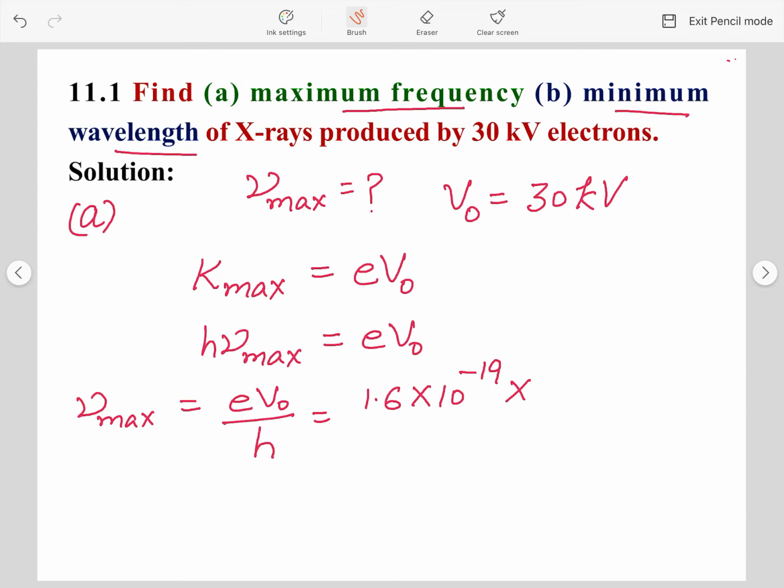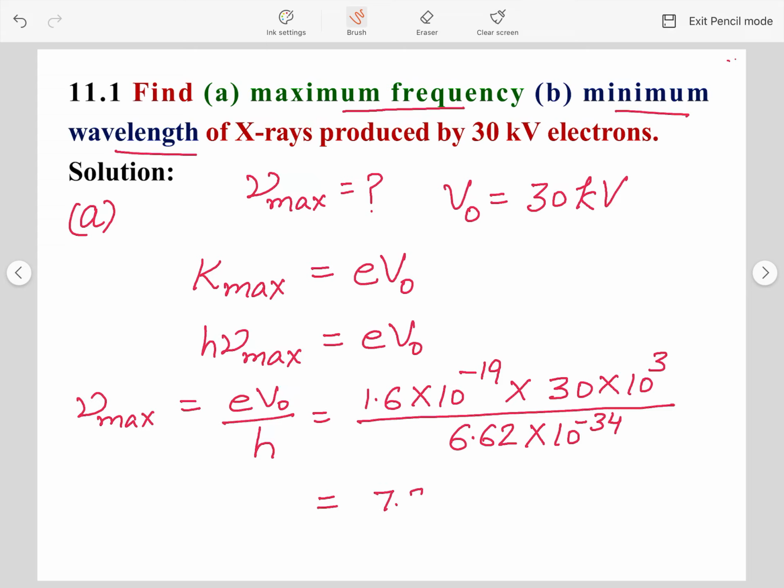Value of V naught is 30 kilo, 10 raised to power 3, divided by Planck's constant, and its value is 6.62 into 10 raised to power minus 34. On solving, we will get 7.24 into 10 raised to power 18 Hertz. This is nu max, maximum frequency.